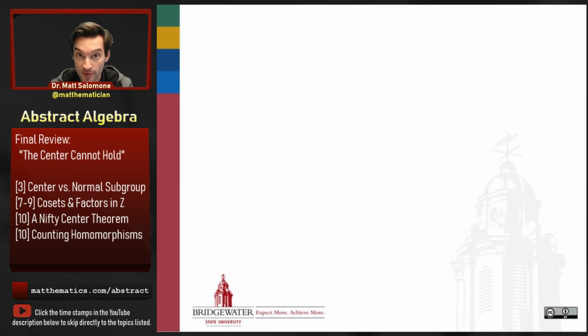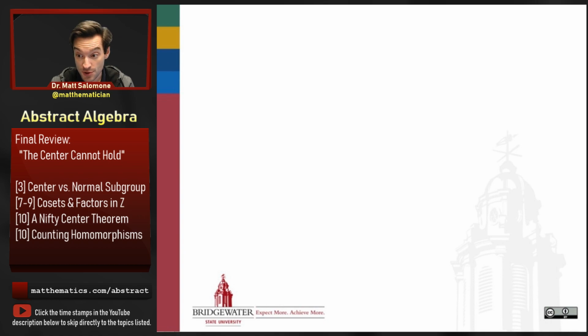And I'm going to also tag in here a topic that is way back from chapter 3, because what I want to do in the course of today's session is compare and contrast between two notions of commuting within a group that at a glance seem very similar, and there is in fact a relation between the two of them, but it's also easy to confuse them with one another and be led astray.